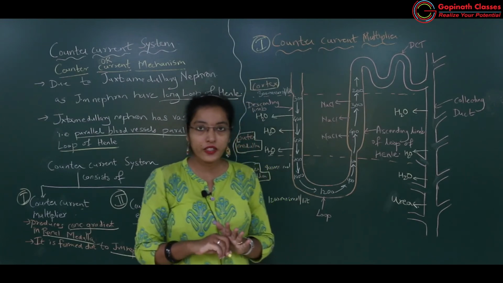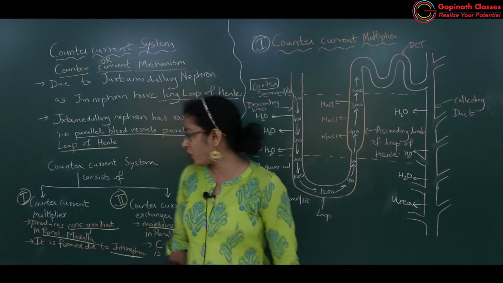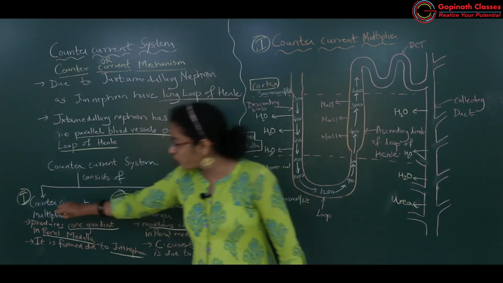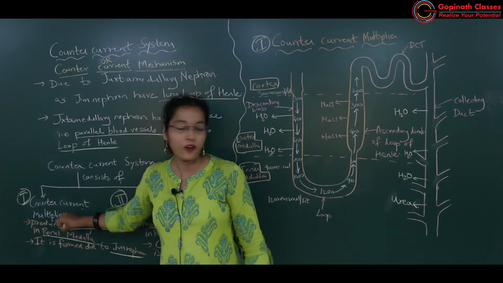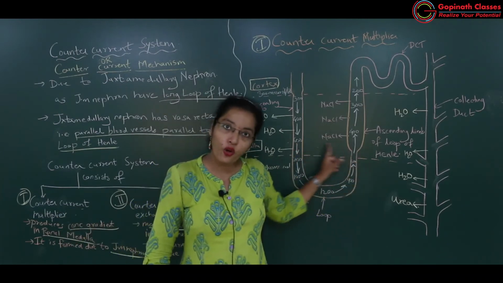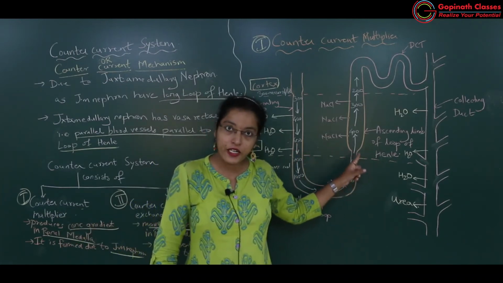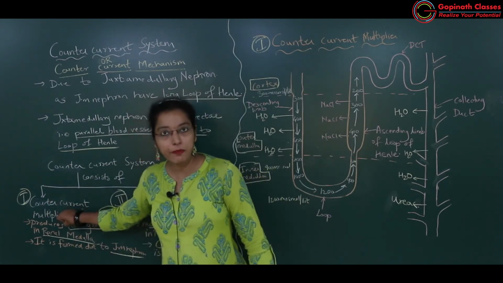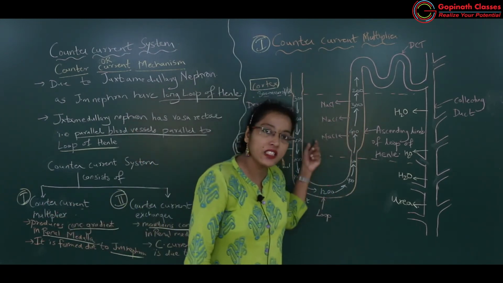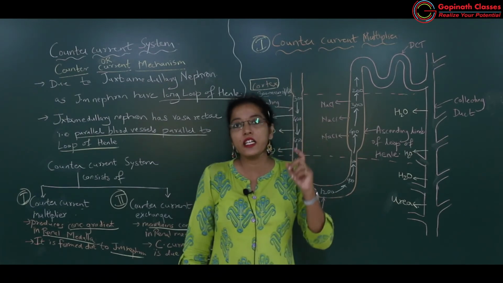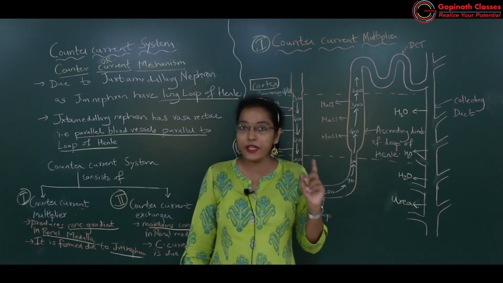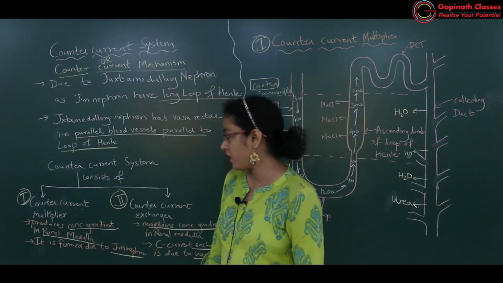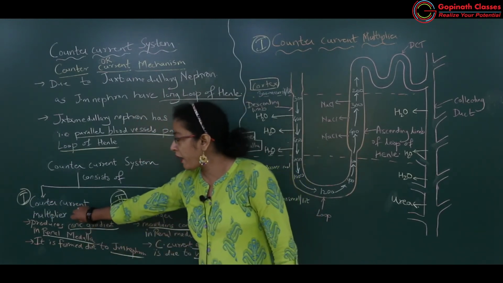Got it? So that's why it is known as counter current multiplier. Counter current, because of the opposite direction of the nephric filtrate in both the limbs. Multiplier, because it is increasing the salt concentration in the interstitium of renal medulla.